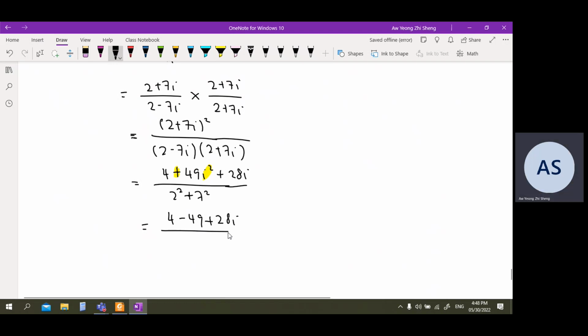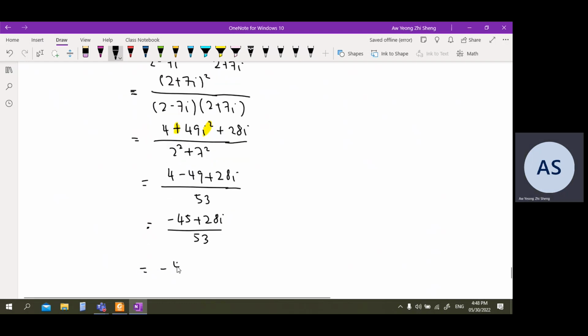Plus 28i divided by 53. This is negative 45 at the top, plus 28i divided by 53. So at the end, we have minus 45 over 53 plus 28 over 53 i. And done.